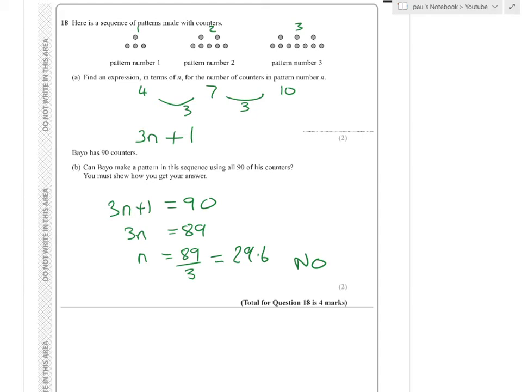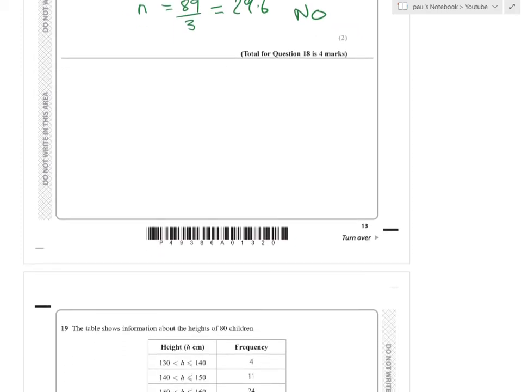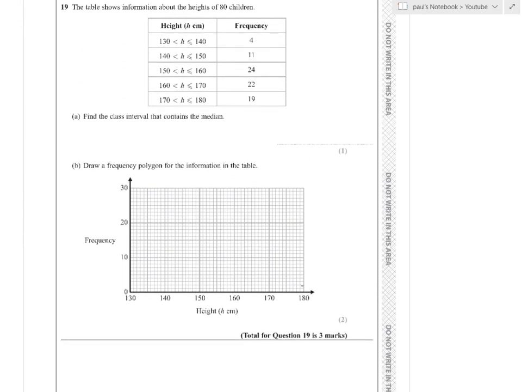Right, so what have we got coming up next for us? The table shows the information about the heights of 80 children. Find the class interval that contains the median. So add them all up: 4 plus 11 plus 24 plus 22 plus 19 equals 80. So n plus 1 divided by 2 finds us the position. 81 divided by 2 is 40 and a half.